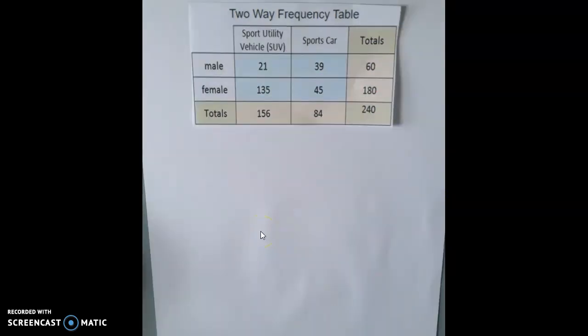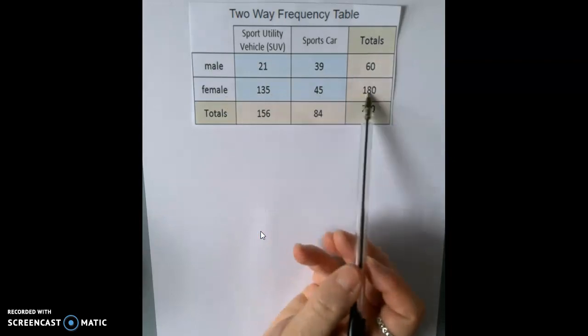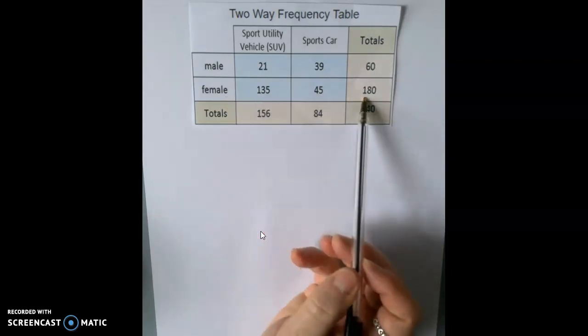Now the next part is asking us the number of females or preferences for sports car. So basically the combination, the union of the two sets, and again union is another word that we will be using when we look at Venn diagrams, so it's something that you need to start getting your head around. Now it's easy to see that the total number of females, so that's this row here, is 180.